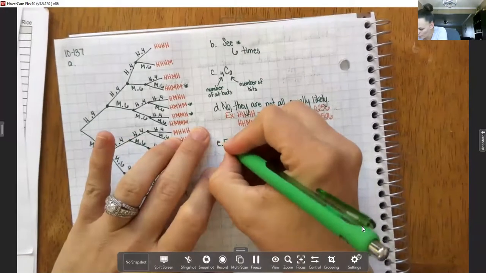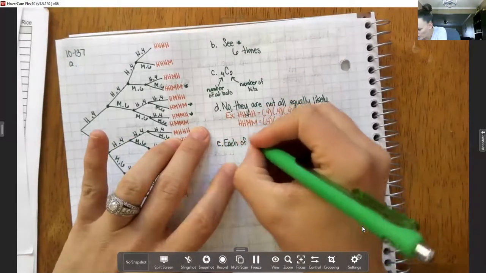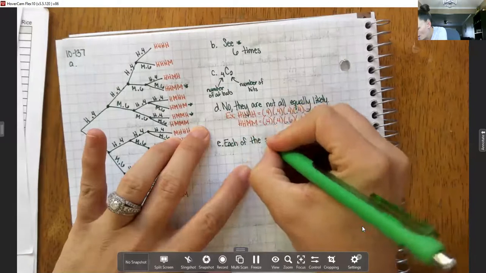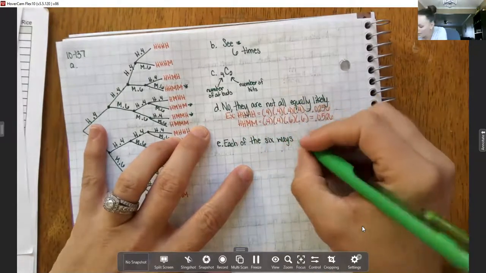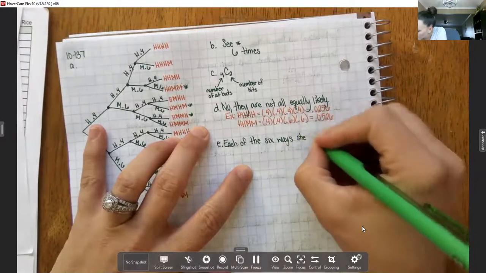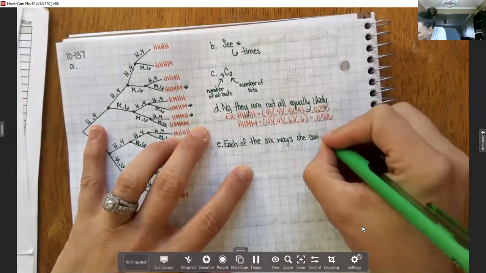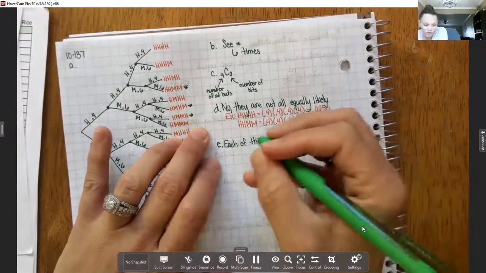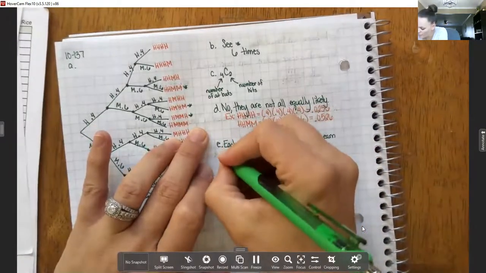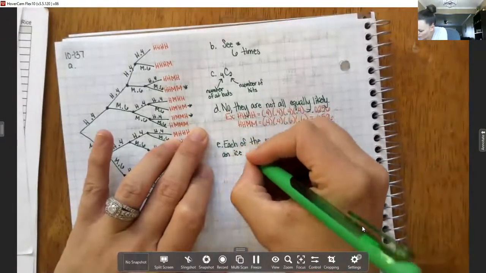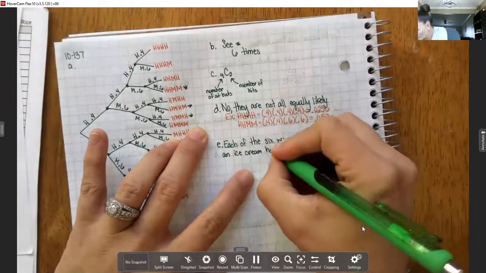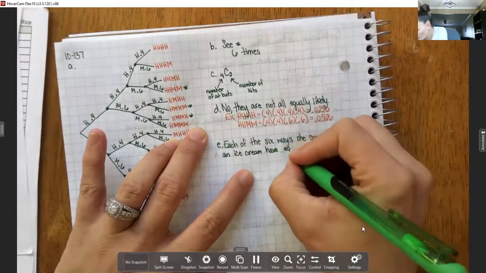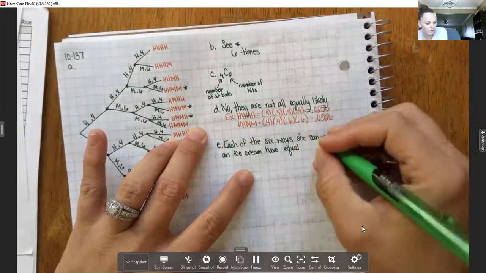Let me just write that down. Each of the 6 ways she can earn an ice cream have equal probability.